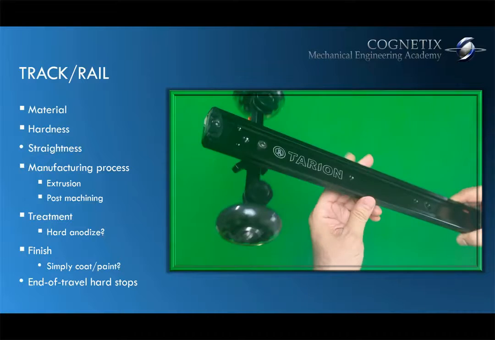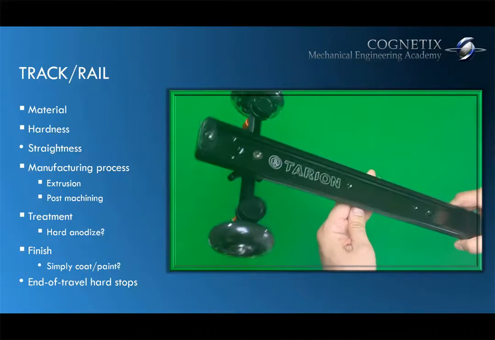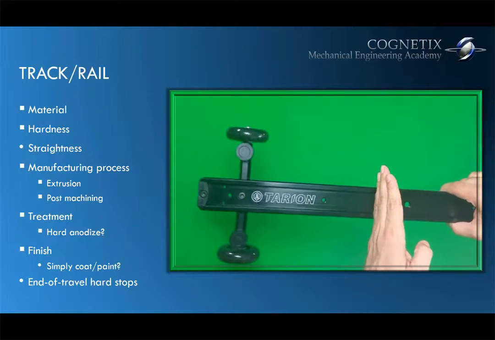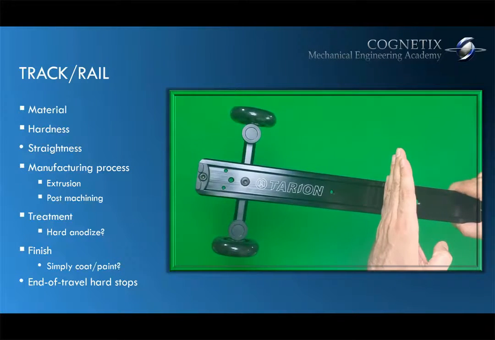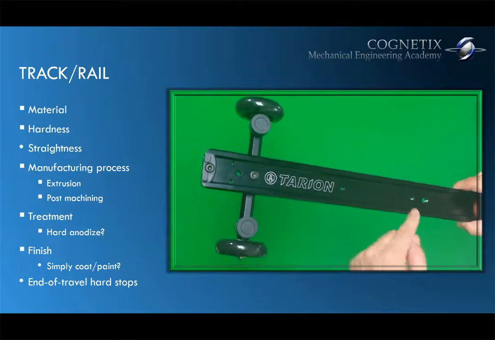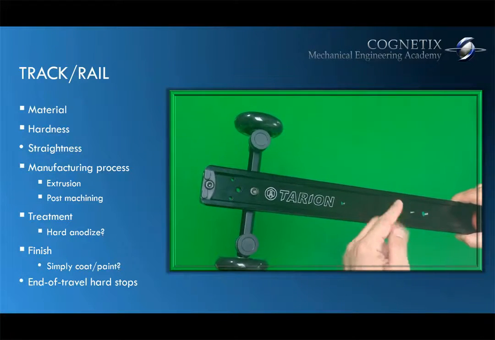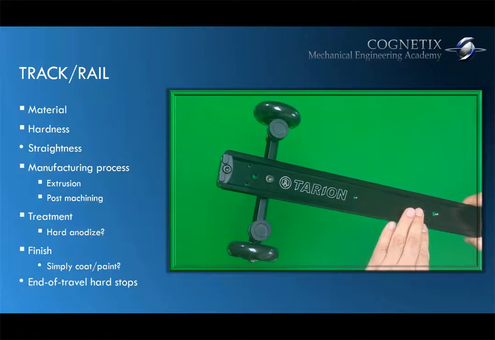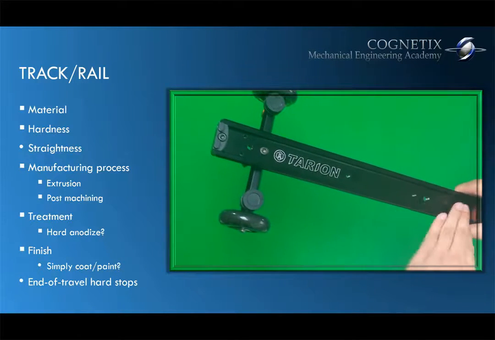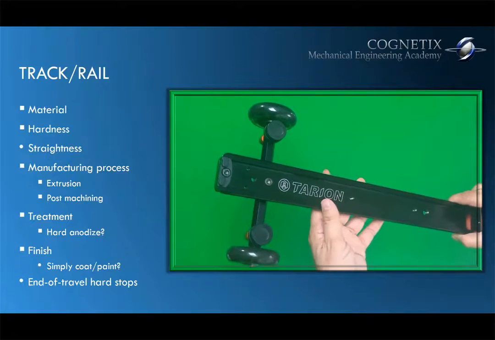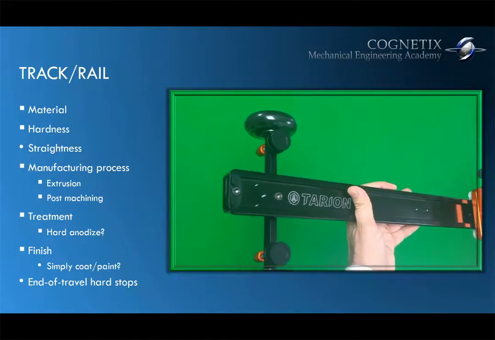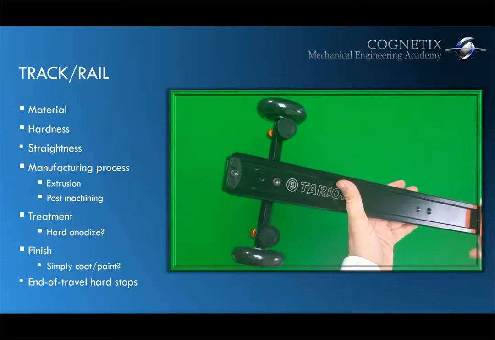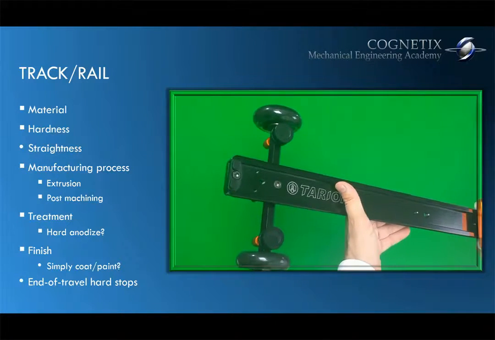As far as the manufacturing process, I'll take it apart in a moment, but you can already tell that the rail is fairly consistent as far as cross-section. If we were to cut the rail right here and look at the end view, we would see a cross-section. Okay? That cross-section is fairly continuous or constant throughout the length of this rail. When you have such a part that you need to design and produce, quite often it makes sense to go ahead and make it an extrusion.